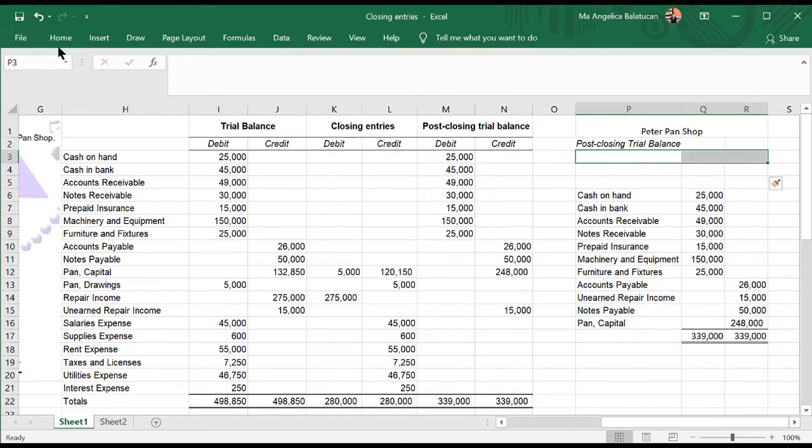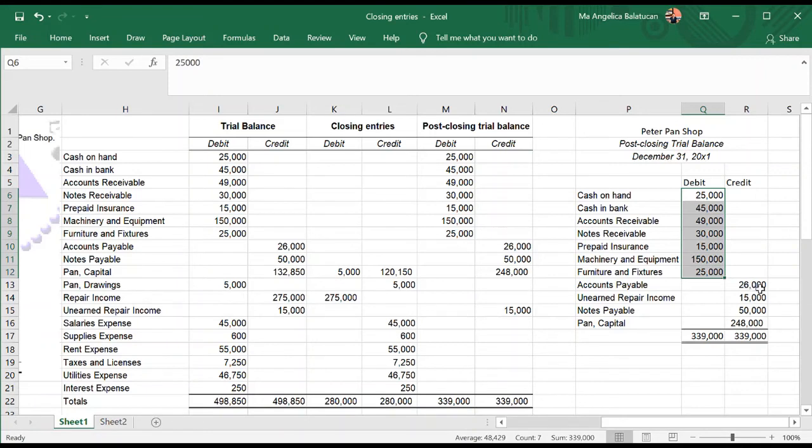And this is for December 31, 20x1. So in effect, all the balances that you can find here would be the beginning balances in the next year.